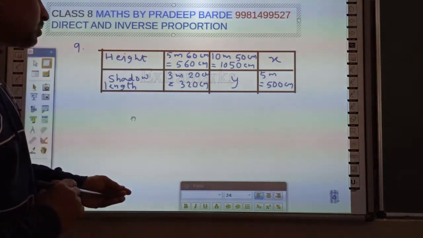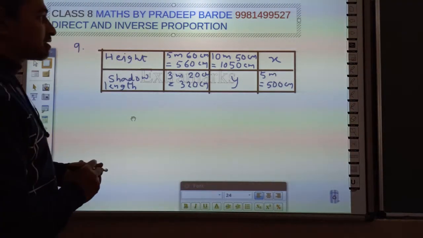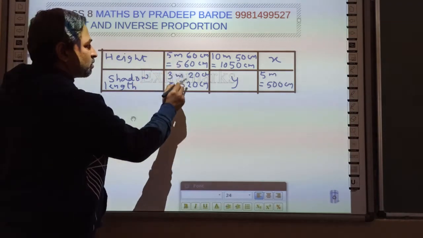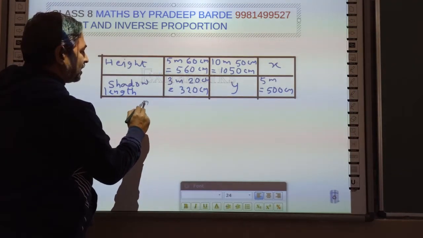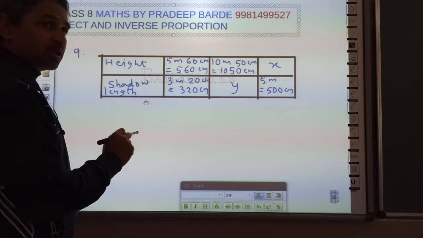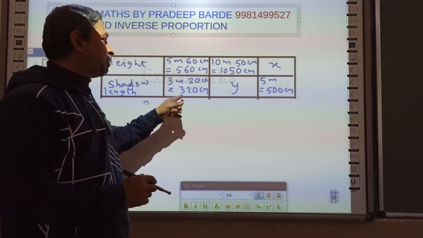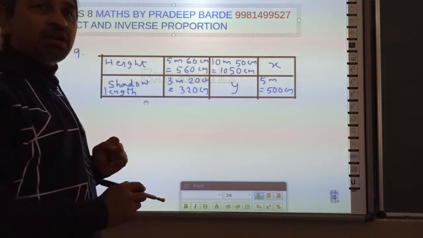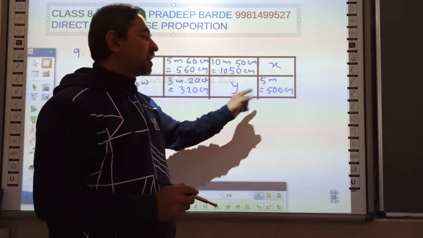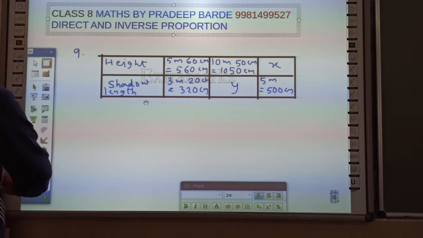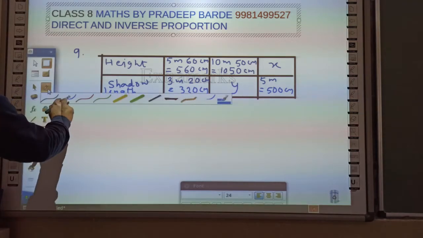So again we use the same concept, that is x1 upon y1. तो x1 upon y1 यहाँ पे पहले लिखेंगे आप डायरेक्ट प्रोपोर्शन जैसा पिछले क्वेश्चन में किया था. फिर कॉन्सेप्ट लिखिए x1 upon y1 is equal to x2 upon y2 equal to x3 upon y3, and then after arranging the proportion we'll solve it.